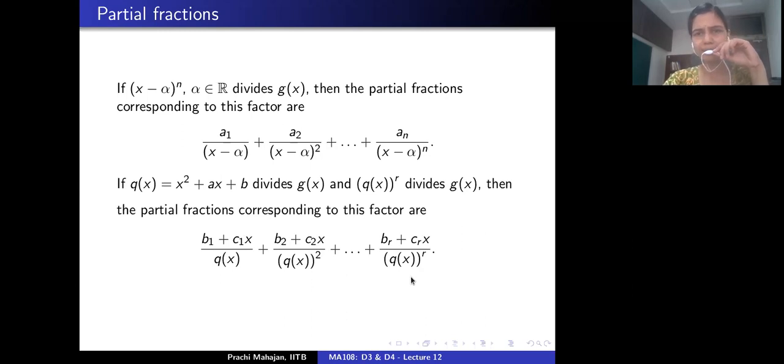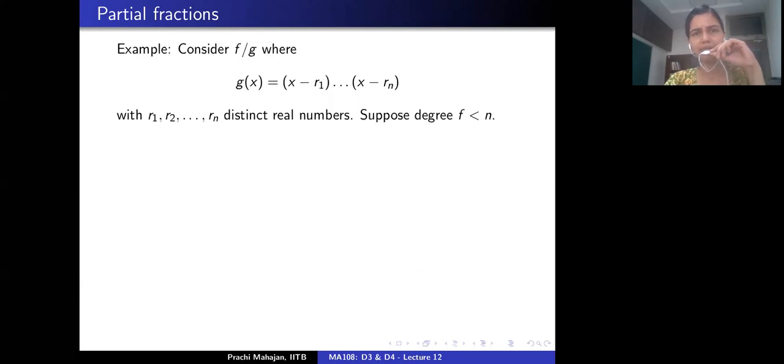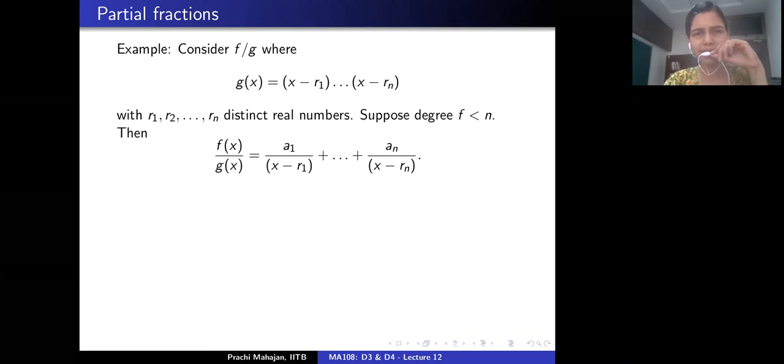Correct? So this is perhaps something all of you know very well. One can simplify this and actually read off what these constants a1, a2, an are. If g can be factored as x minus r1, x minus r2, x minus rn, where all of these are distinct real numbers, then one should be able to write f by g as the right hand side, and one can directly compute these constants a1, a2, an.